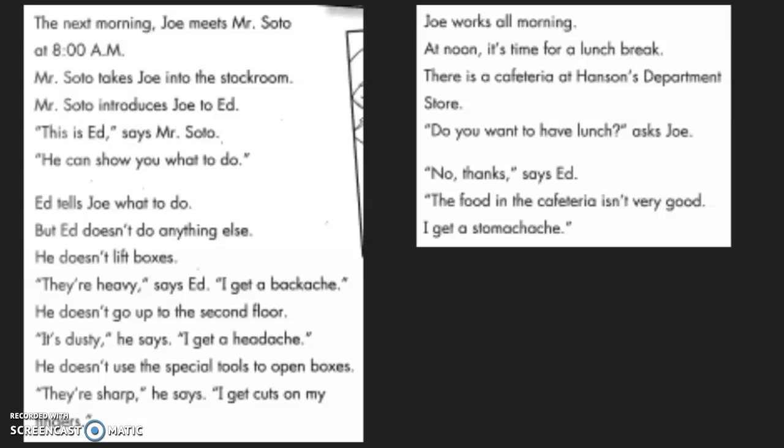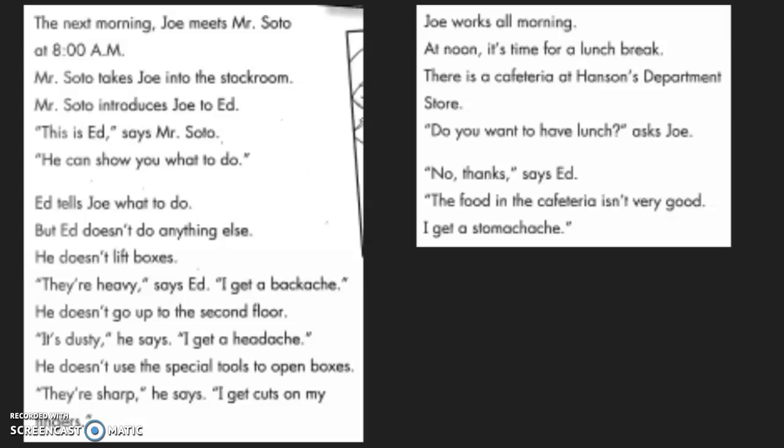He doesn't go up to the second floor. "It's dusty," he says. "I get a headache." He doesn't use the special tools to open boxes. "They're sharp," he says. "I get cuts on my fingers." Joe works all morning. At noon, it's time for a lunch break. There is a cafeteria at Hanson's department store. "Do you want to have lunch?" asks Joe. "No, thanks," says Ed. "The food in the cafeteria isn't very good. I get a stomach ache."